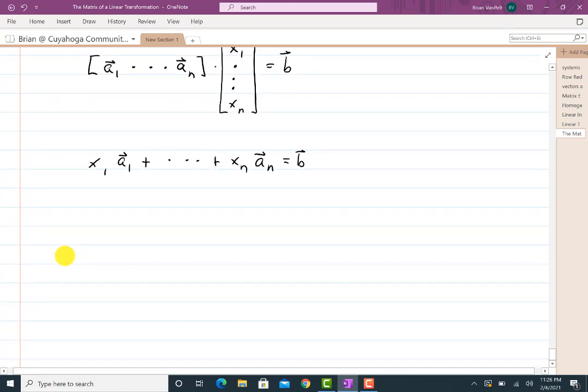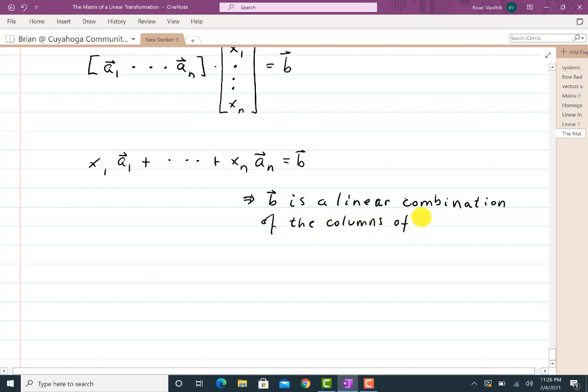Since this means that B is a linear combination of the a's, this implies that B is a linear combination of the columns of A. You can see it right there. We have a scalar times the first column plus, and you can figure out the middle stuff, scalar times columns. So that's the breakdown there. That way wasn't so bad.